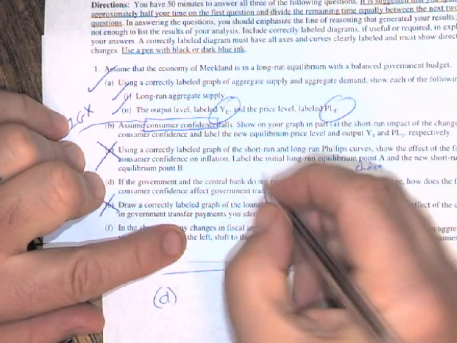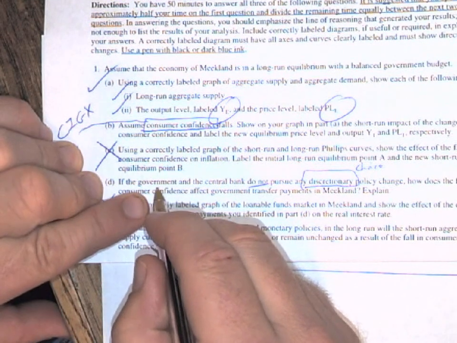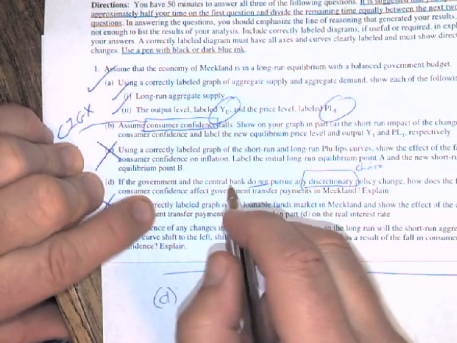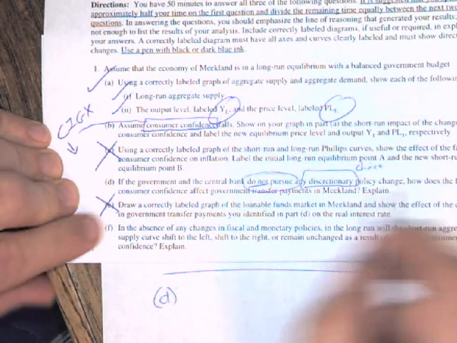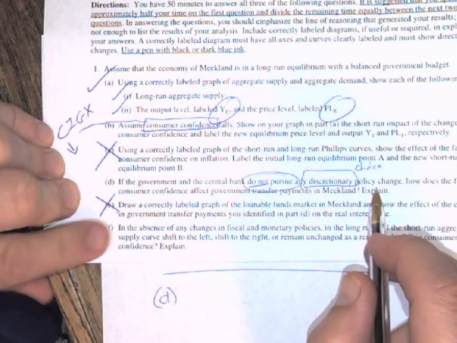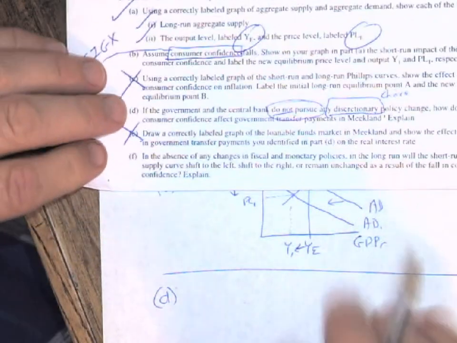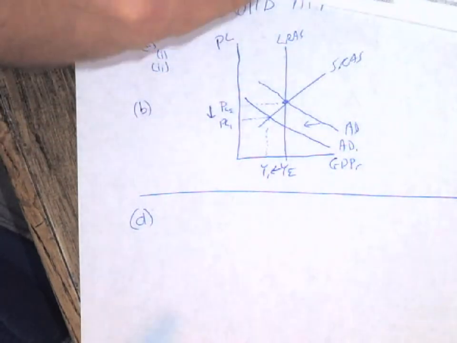Government, that'd be fiscal policy, and the central bank, that'd be monetary policy. So they do not pursue any policy change. How does the fall in consumer confidence affect government transfer payments in Meekland? Explain. Okay, so you got to remember what government transfer payments are, and that those are automatic stabilizers.